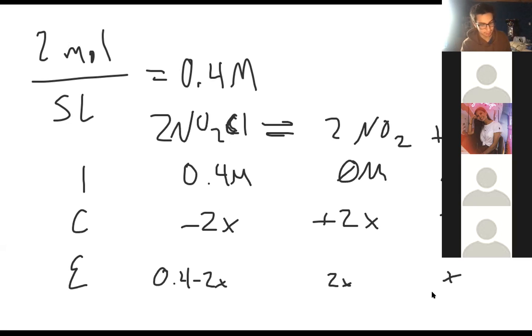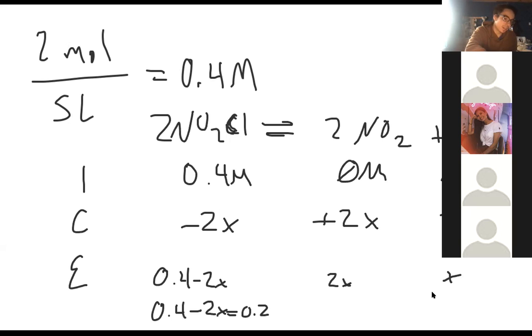So our next step would be to calculate x. We know that our final amount of moles of nitrile chloride is 1 in 5 liters, so it'd be 1 over 5, and 1 over 5 is 0.2. So we could say 0.4 minus 2x equals 0.2. Then we solve for x: subtract 0.4 from both sides, and then divide by -2.